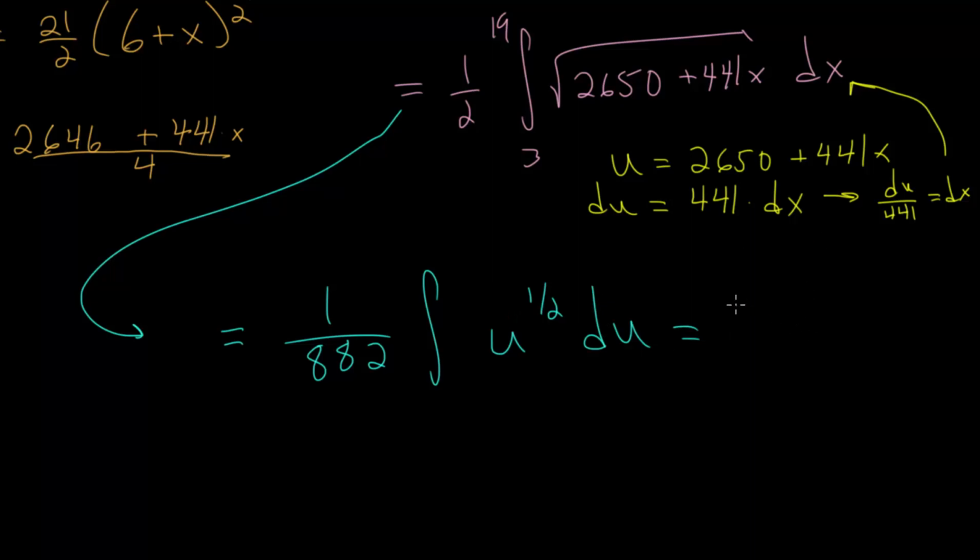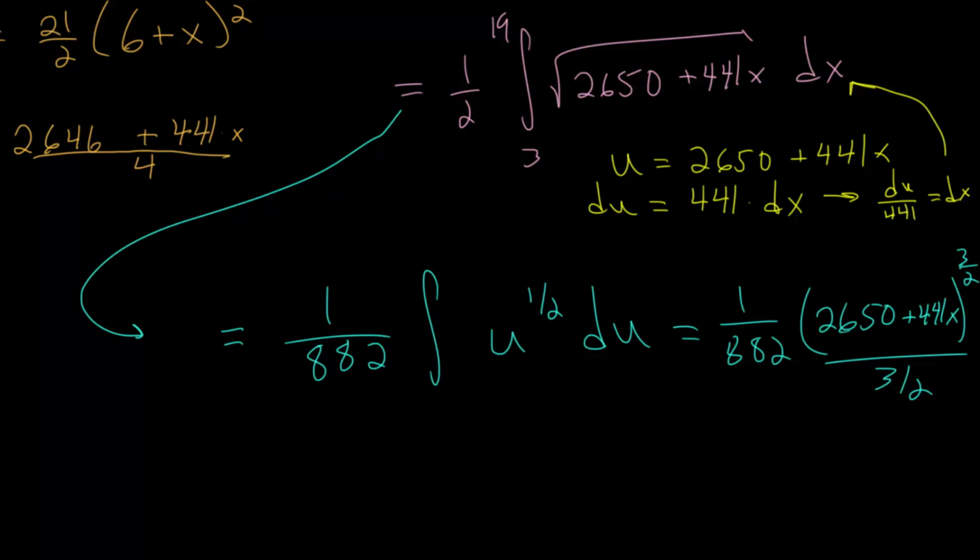And this will become 1 over 882, and we get u to the 3/2 power divided by 3/2, but let's put it back in terms of x. So we'll plug this back in for u. 2650 plus 441x, all raised to the 3/2 power. We're just adding 1, and then we're dividing everything by 3/2.